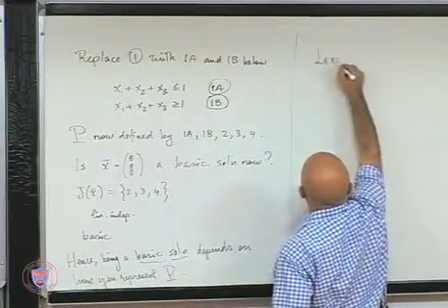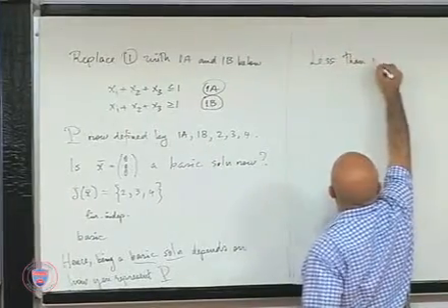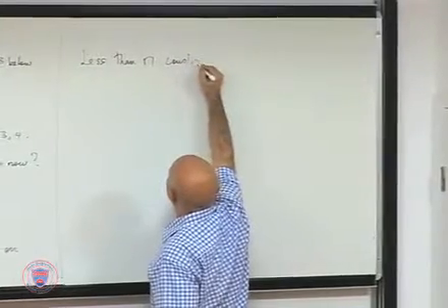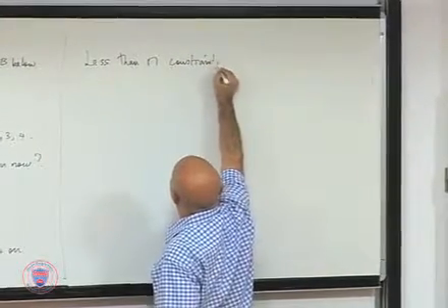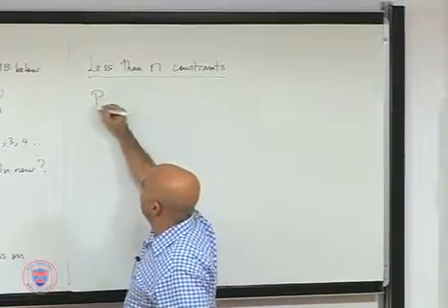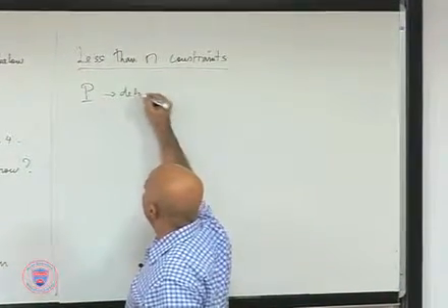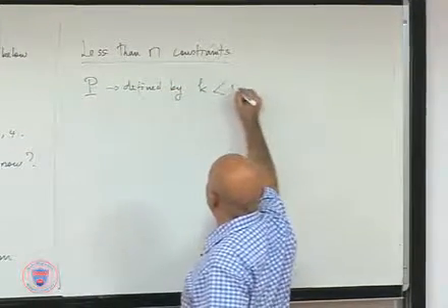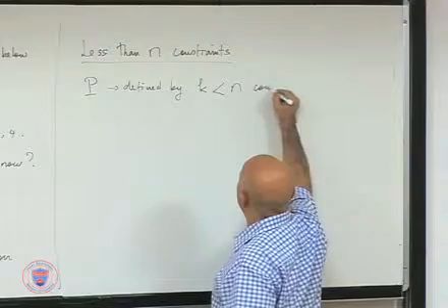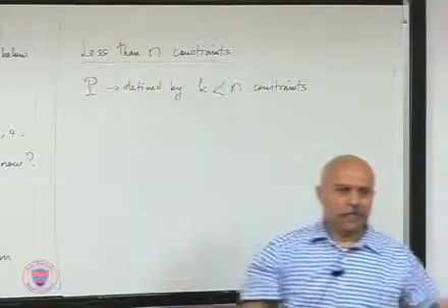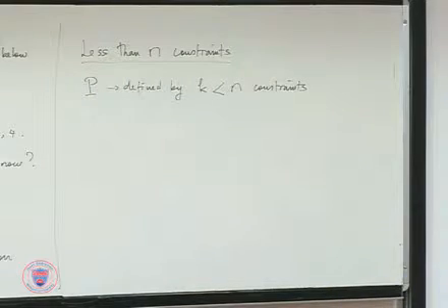The case of having less than n constraints. So in this case, you have a polyhedral set, and P is defined by, say, some k constraints, but k is less than n. Constraints, half spaces, or hyperplanes. Okay?